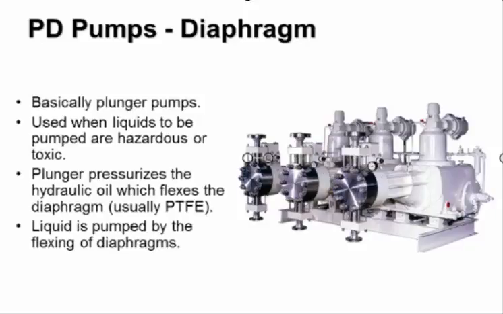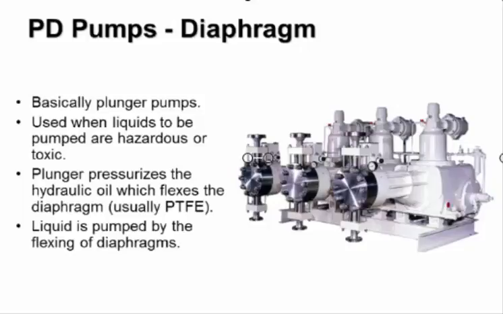Now, a diaphragm pump is a variation of a plunger pump, and the one illustrated here is a hydraulic diaphragm pump. We still have a plunger that reciprocates back and forth, but now instead of the plunger being in contact with the pumped liquid, it's in contact with hydraulic oil.